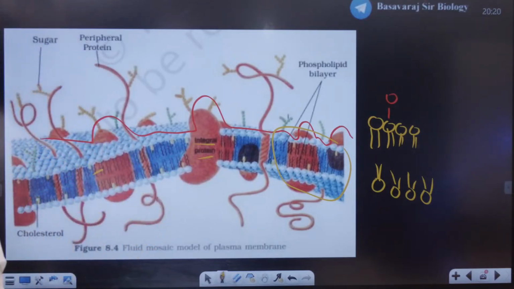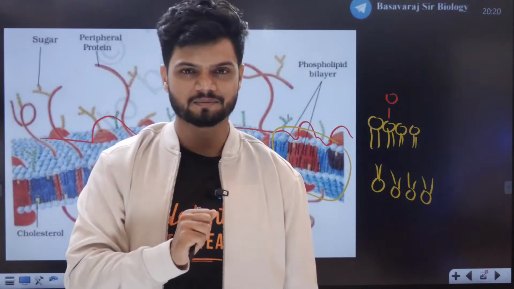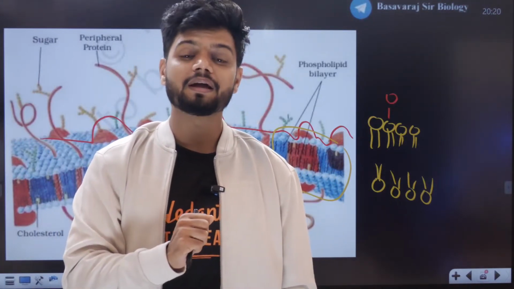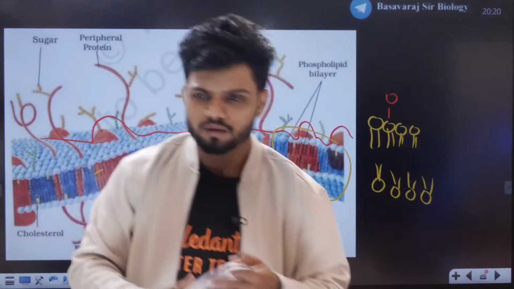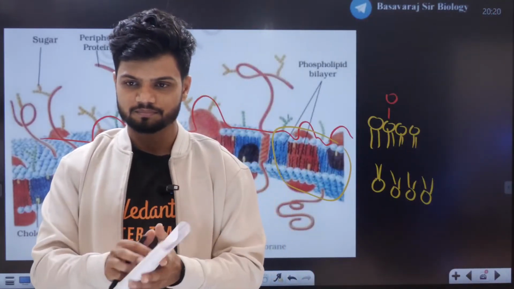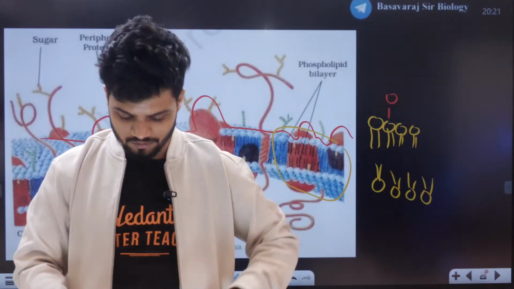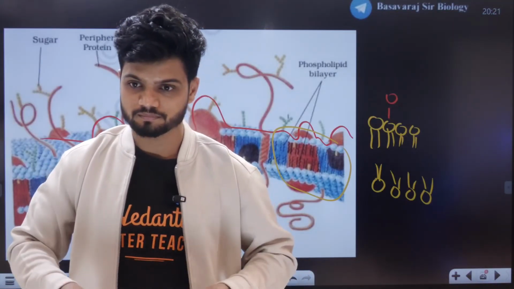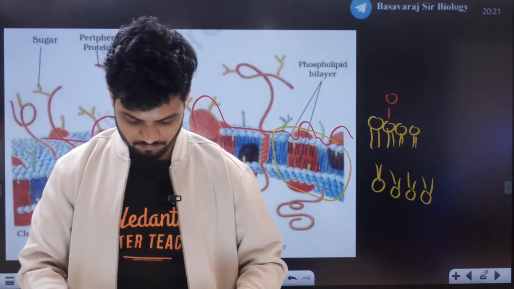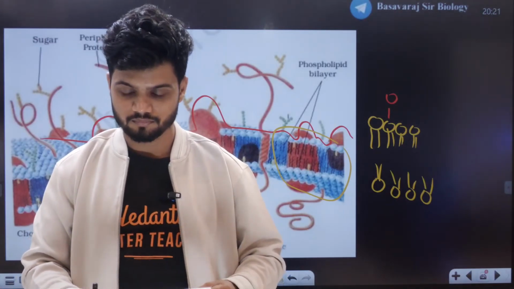Proteins are mainly found based on two categories, based on ease of removal. I'll give you a simple example. Let's say this is a paper.